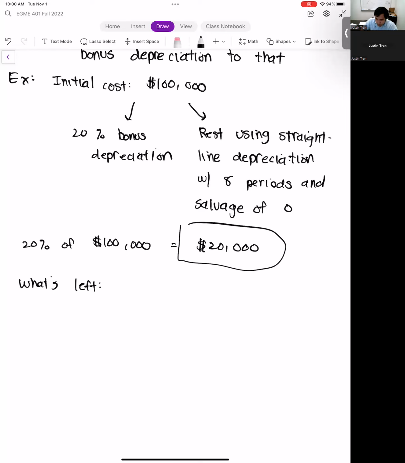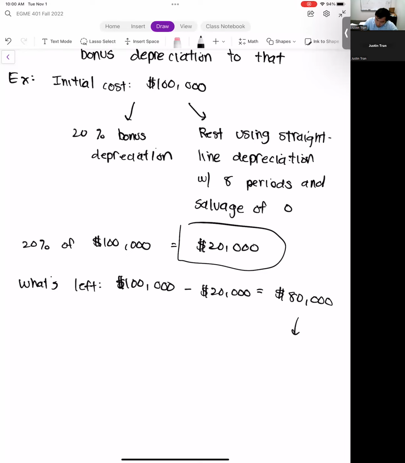If we depreciate $20,000 of value off the asset, then the amount we have left is 100,000 minus 20,000, which is equal to 80,000.